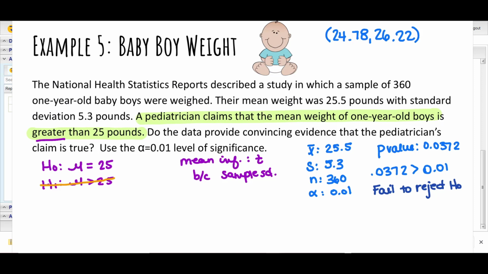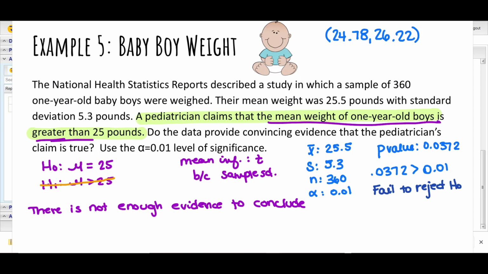So in terms of the alternate, we would say there is not enough evidence to conclude H1 is true. What is H1 in context? It is that the mean weight of one-year-old boys is greater than 25 pounds.